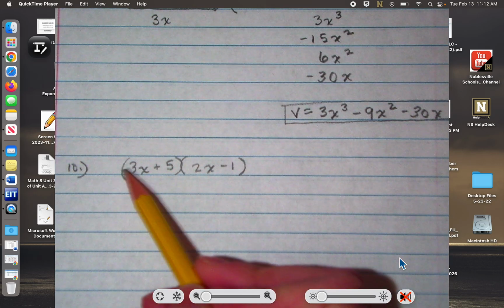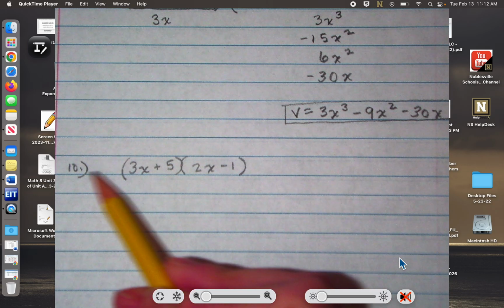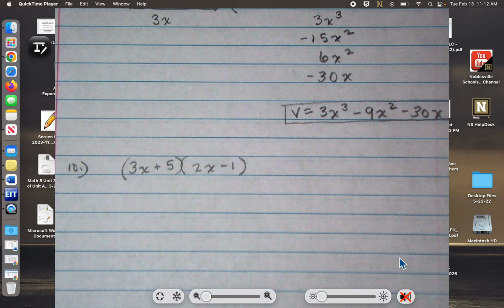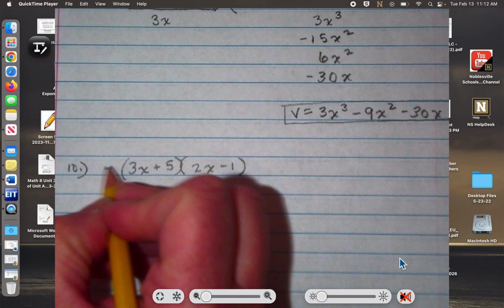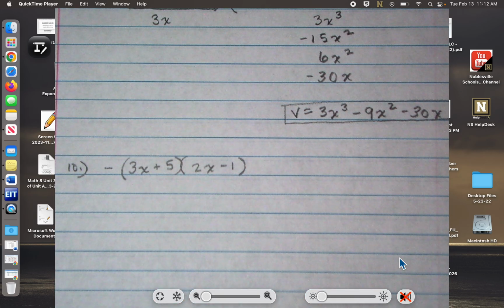Okay, leave a little space here between the number 10 and this first quantity. Leave a little space there. Well, so here's the thing. In this example, we have a negative out in front.